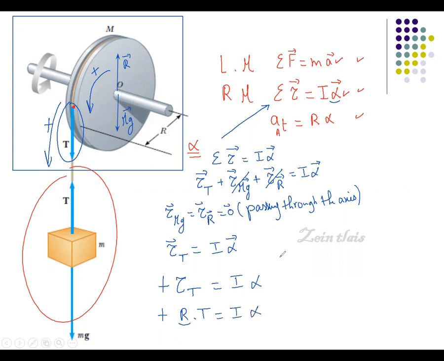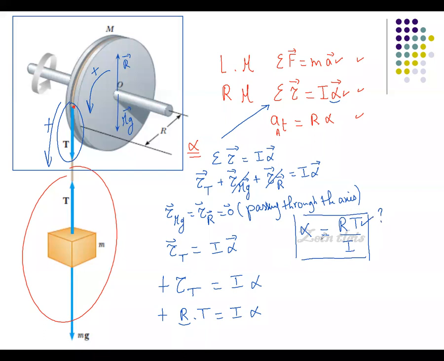So we can say alpha equals r times T divided by I. This is the value of alpha, but it's in function of T. We have to calculate T later.